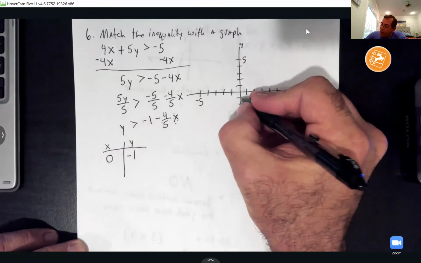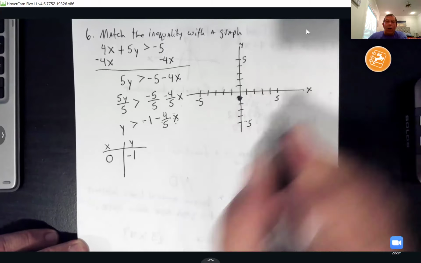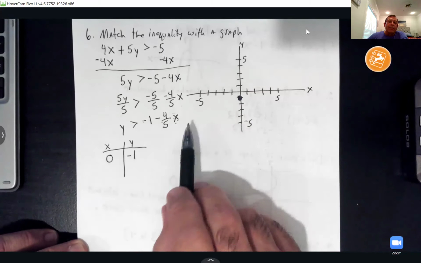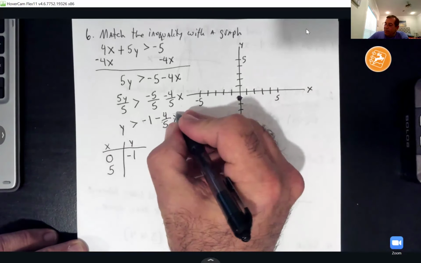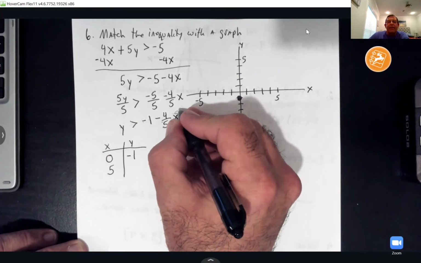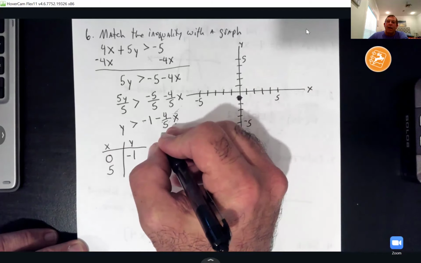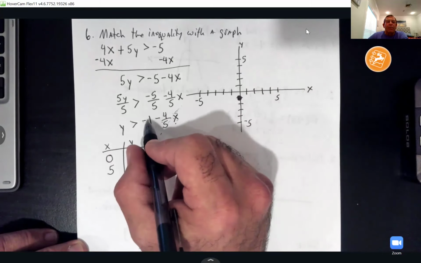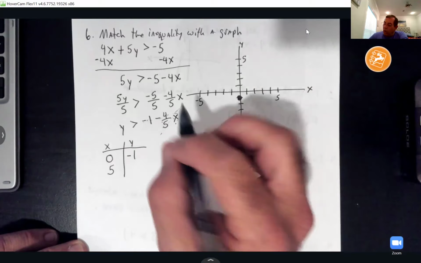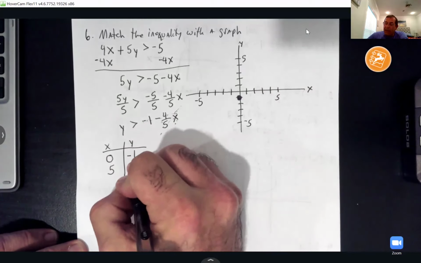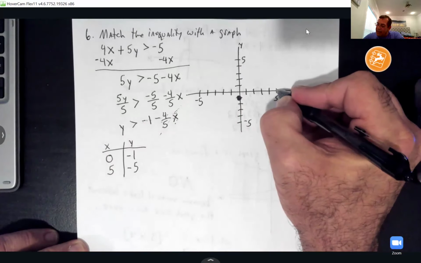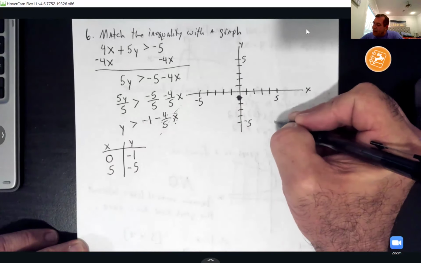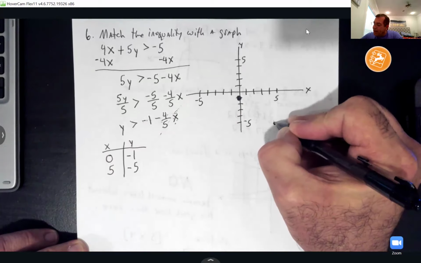So 0, -1 will be right here, crossing on the y-axis at -1. Now, since I got this fraction, my second x will be 5. Because if I put a 5 in for that x, that cancels with the denominator. And I'm left with -1 minus 4, which is -5. So over here, when my x is 5, my y value is -5.